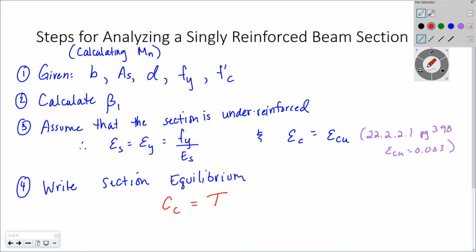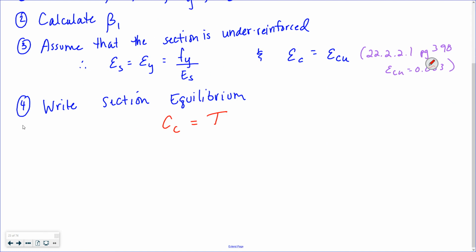I'm putting a little subscript C because once we have steel in the top in the compression zone, there'll be a C sub S. So C sub C, compression force in my concrete, is equal to the tension force in my steel, which means 0.85 F prime C beta 1 C B or A equals As Fy.